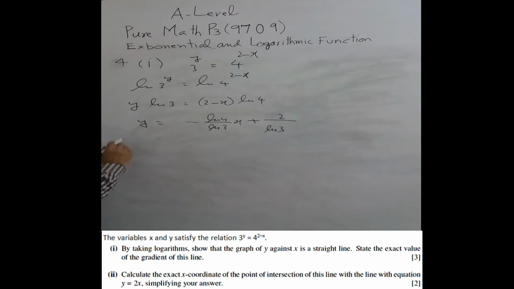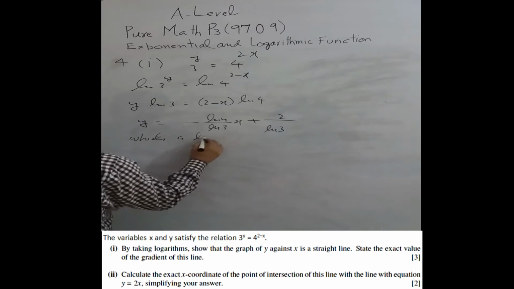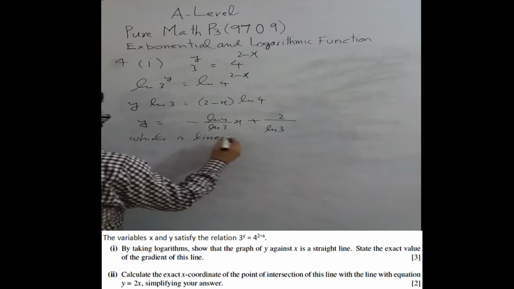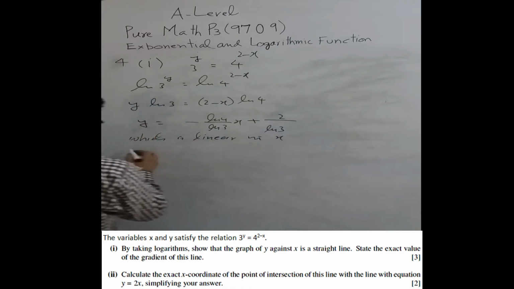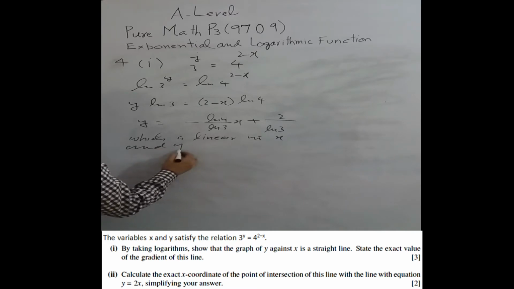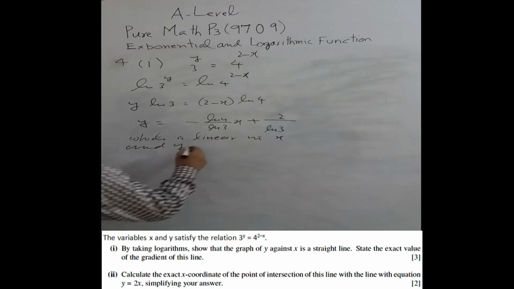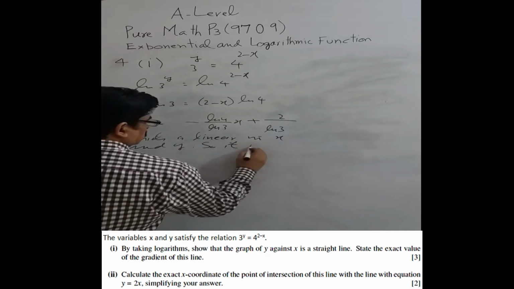So obviously y is y, x is x, and this is a linear equation, which is linear in x and y. So it will be a straight line.